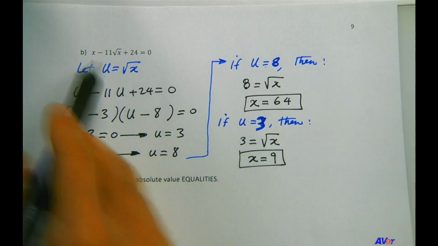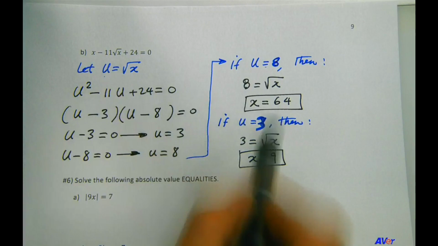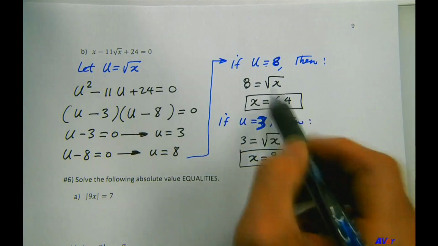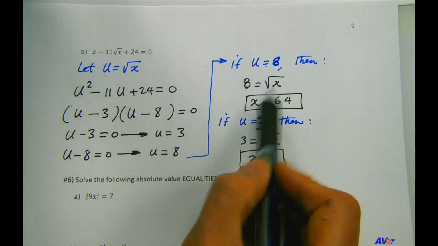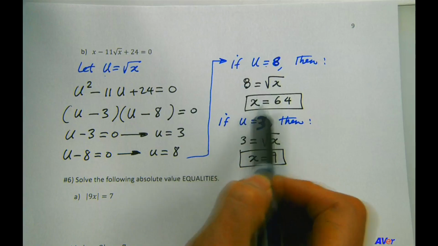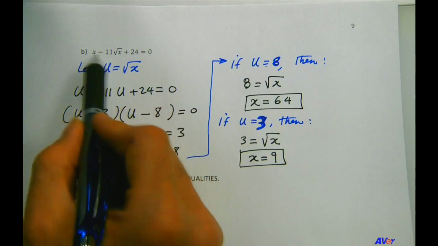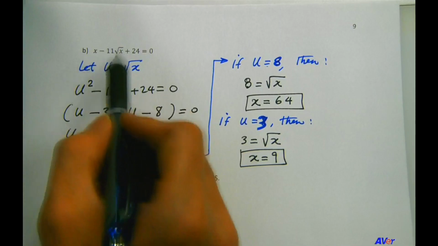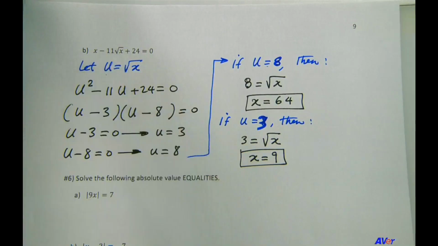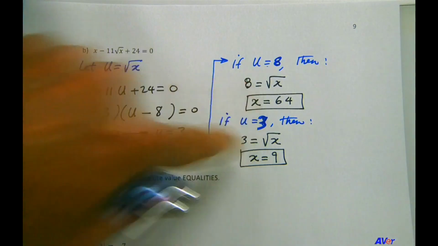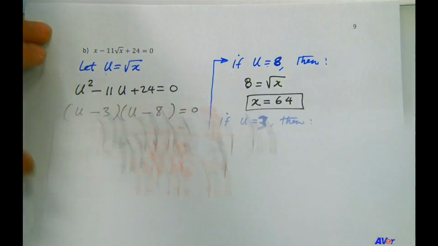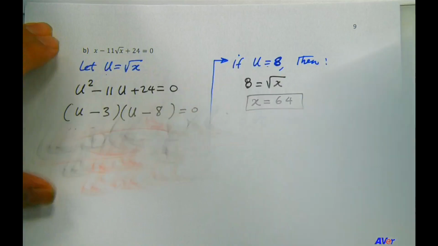So let's, just to be sure, let's check these. Let's check both of these in here. So if we put 64 in here, let me bring my scratch paper here. We're going to have to check both of these. So let's see.